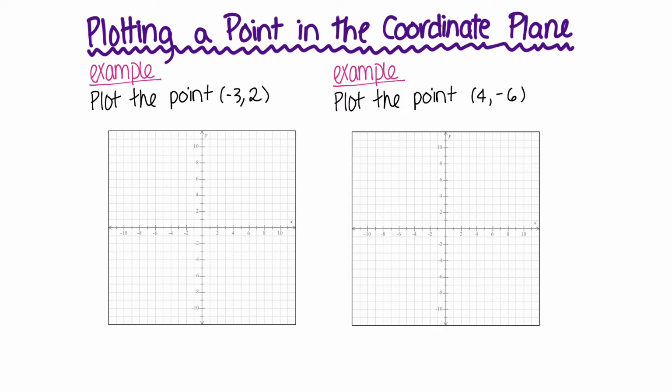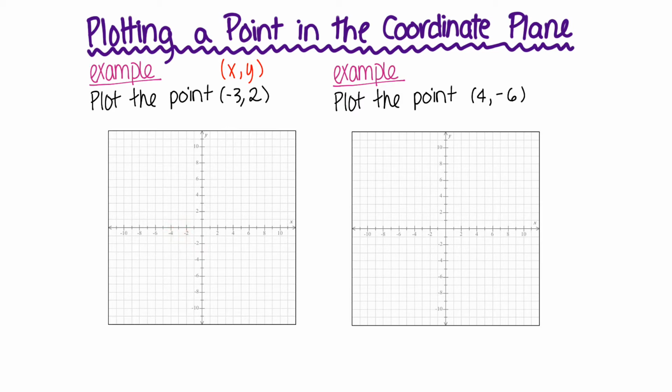The important thing to know is that coordinate points are always x, comma, y. So in this one, -3, 2, -3 is the x portion and 2 is the y portion. So this is telling us on the x-axis, go to -3. So if I come here, let's see, -3 is right here.